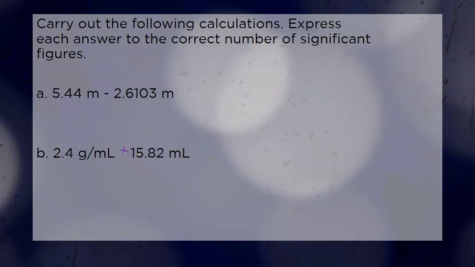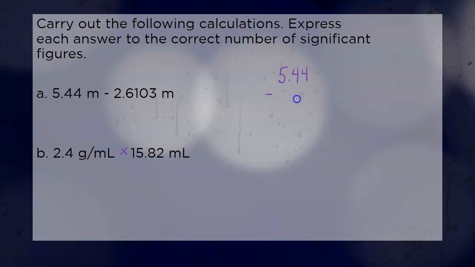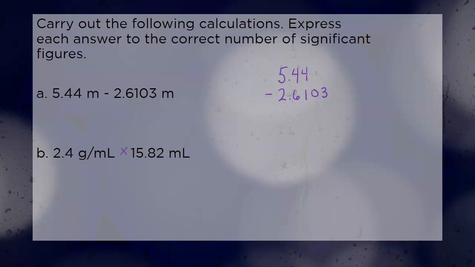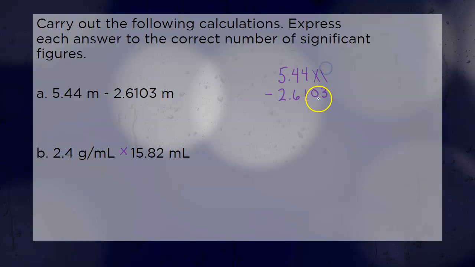So if I have 5.44 minus 2.6103, the thing is, I only know these 2 digits here. I have no idea what this is, and I know in math class you'd make that a 0, but in reality, with my measurement with sig figs, I don't know what either of those 2 numbers are.